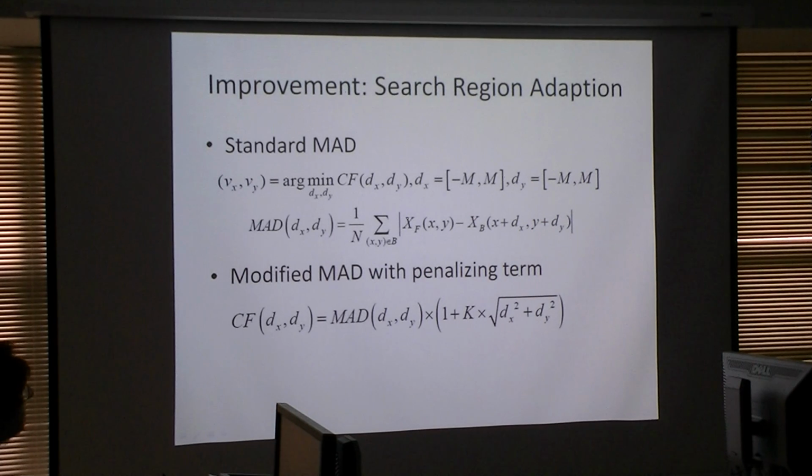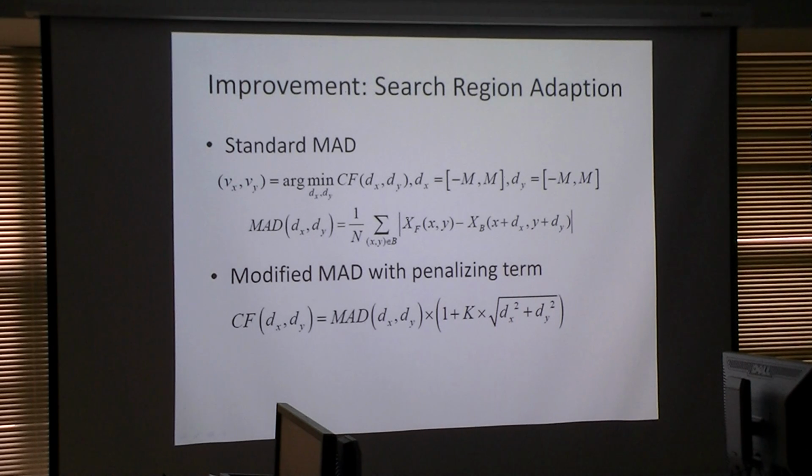Another improvement is search region adaption. I have shown you the standard mean absolute distance like this, and we can add some penalty terms in our equation, which means if the motion vector becomes farther than the original point, then the distance becomes larger.